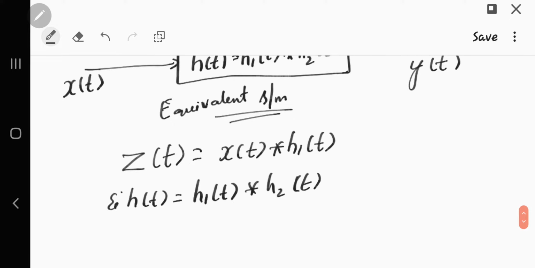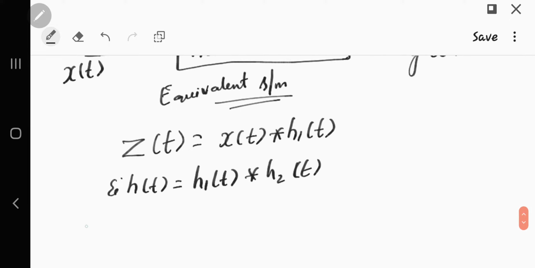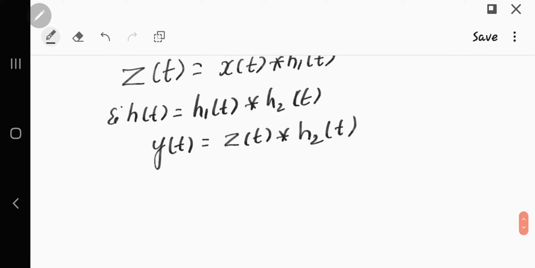How? Let's see this. In the beginning, you can see x of t convolved with h1 of t convolved with h2 of t. So this I got as a system output. How is that? Because y of t is equal to z of t convolved with h2 of t, right? So this is the system output.